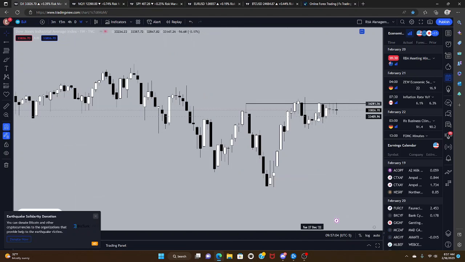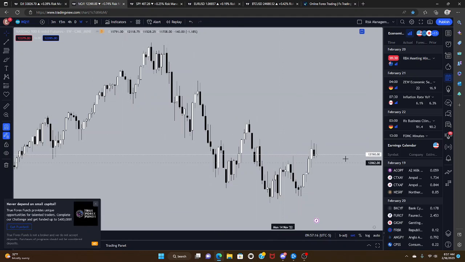So again, we don't necessarily know which way it will break. I think there's probably a greater likelihood for it to break upward because we've just seen a break of structure. Equities have broken structure. They probably are more likely to run a little bit than they are to sell off immediately after breaking structure.